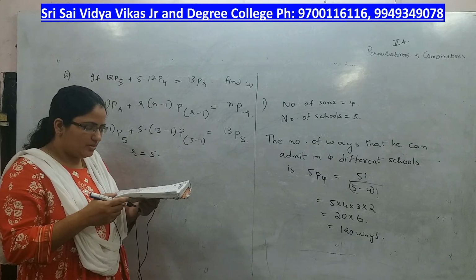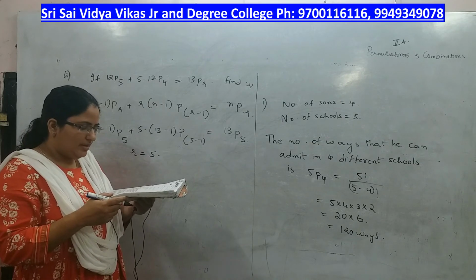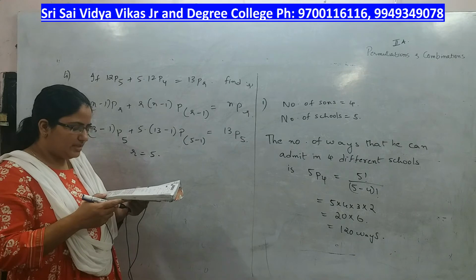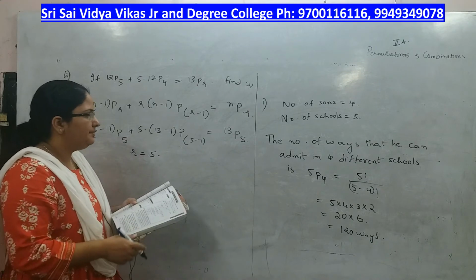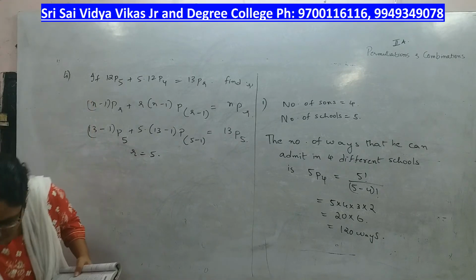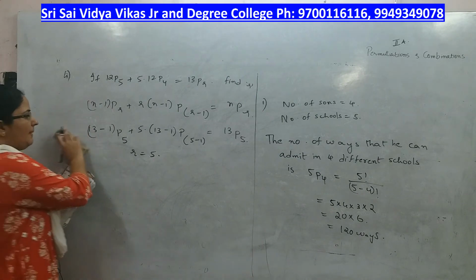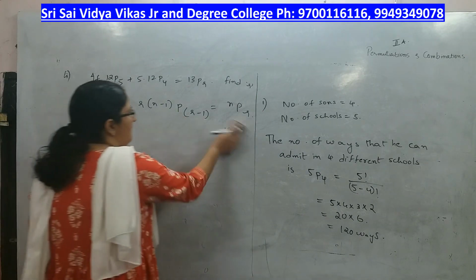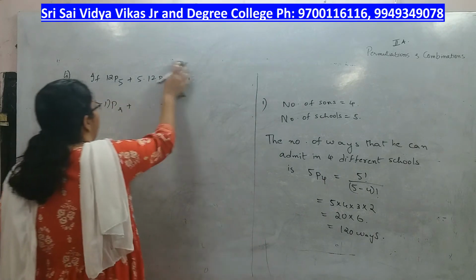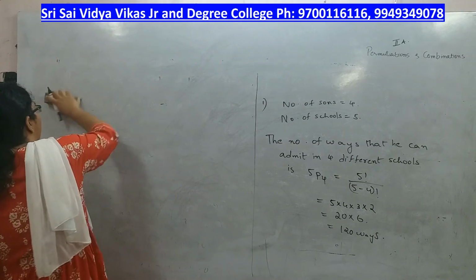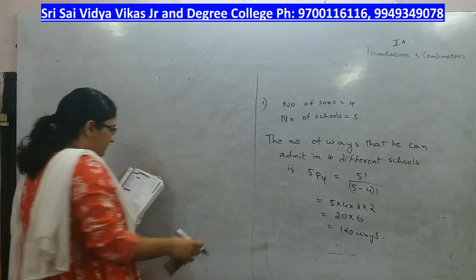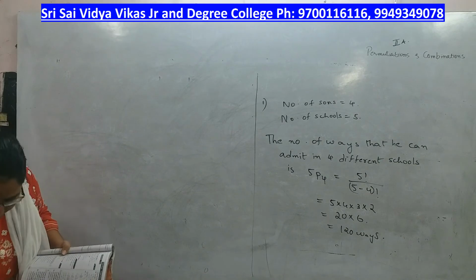If there are 25 railway stations on a single railway line, how many types of single second class tickets must be printed so as to enable the passenger to travel from one station to another station? I'll repeat the question.